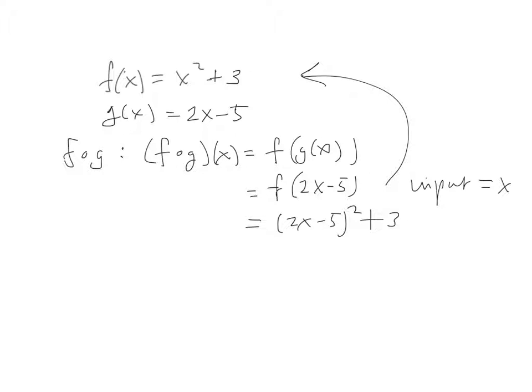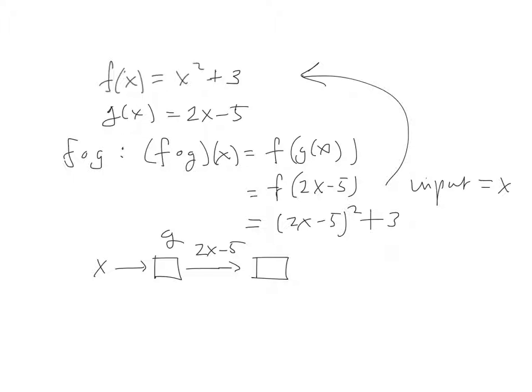It's a sequence of function applications, and you can think of it this way. You have the x coming in. If you think of it as a program, first g is going to say, okay, the output here will be 2x minus 5.